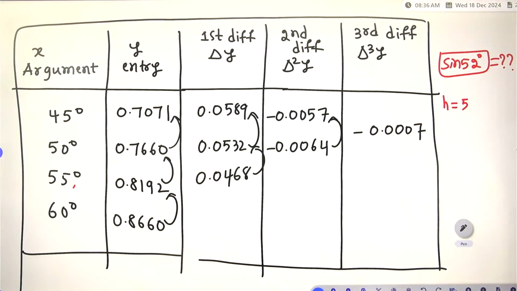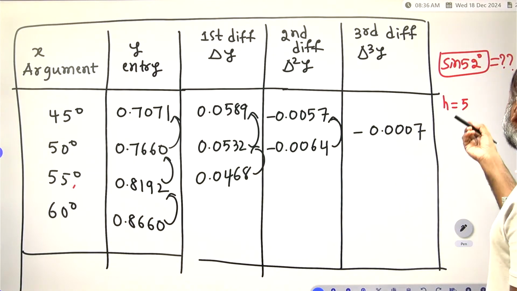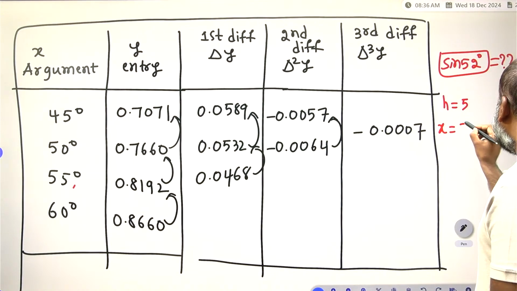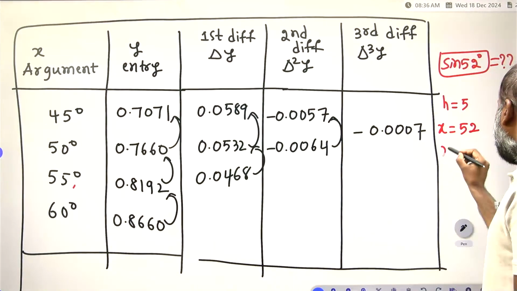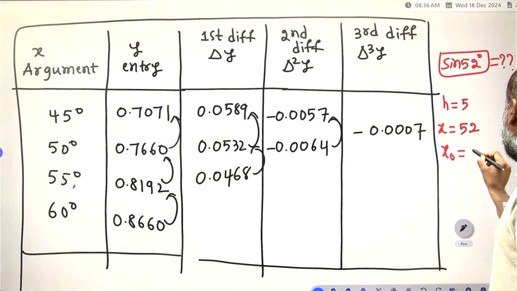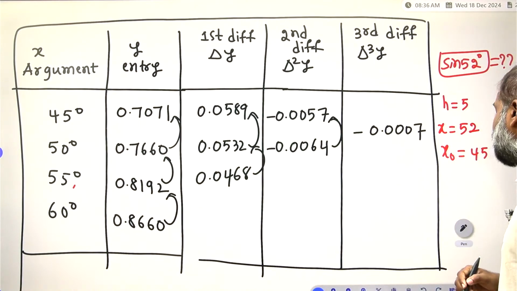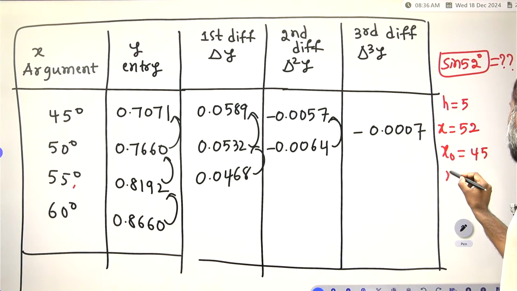What is that interval value? h is equal to 5. Which value do we have to calculate? x is equal to 52. Now you have to consider x naught is equal to 45. x is equal to x0 plus ph.